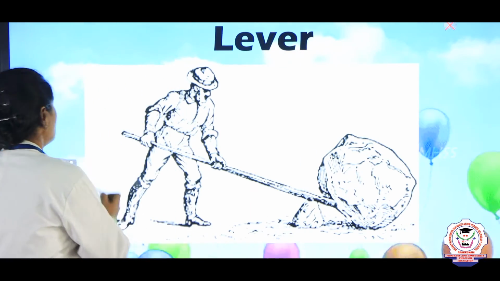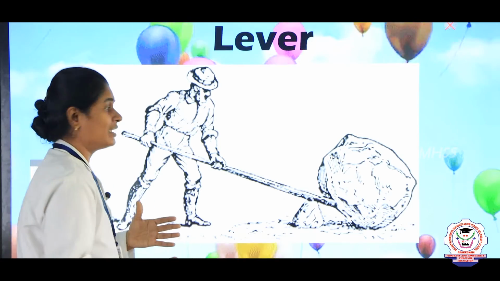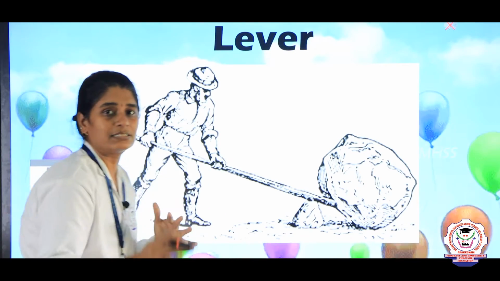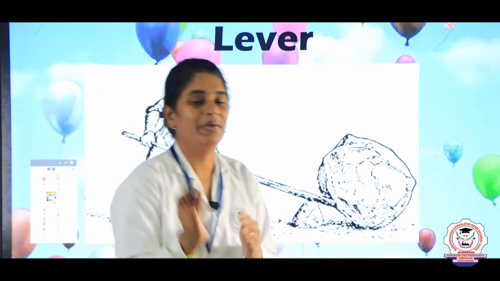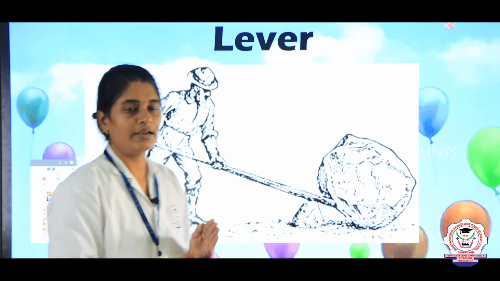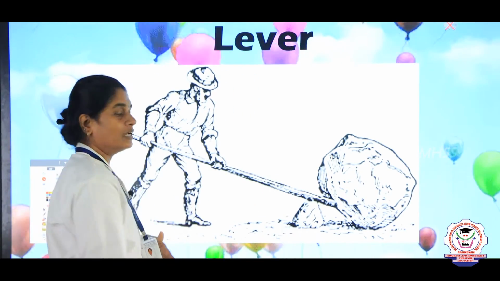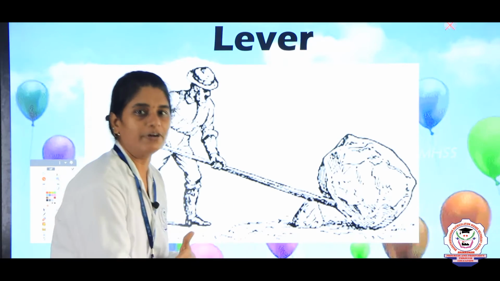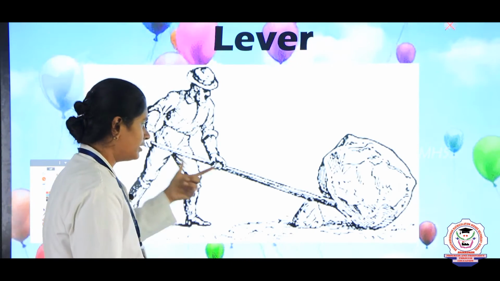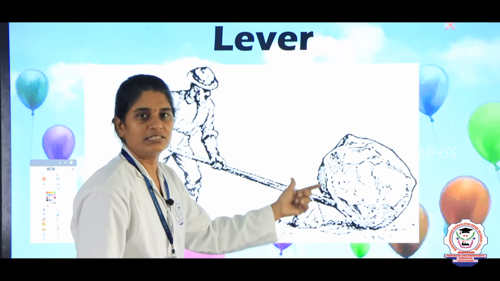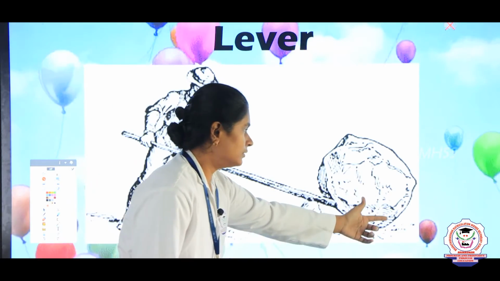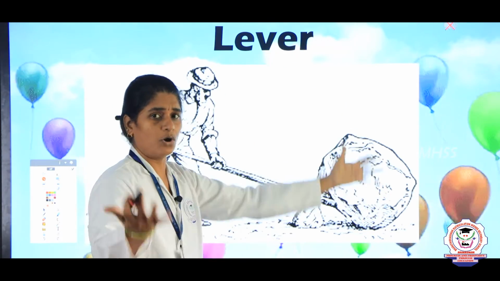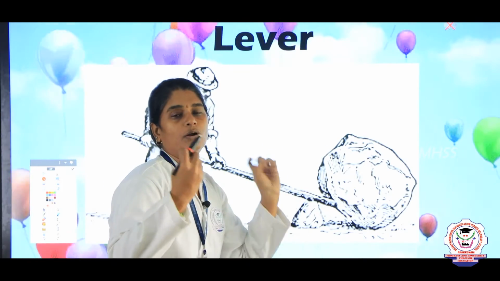In a lever we can say there are three things. Here the man is putting in some effort, the fixed point is the fulcrum, and the big rock is known as the load.